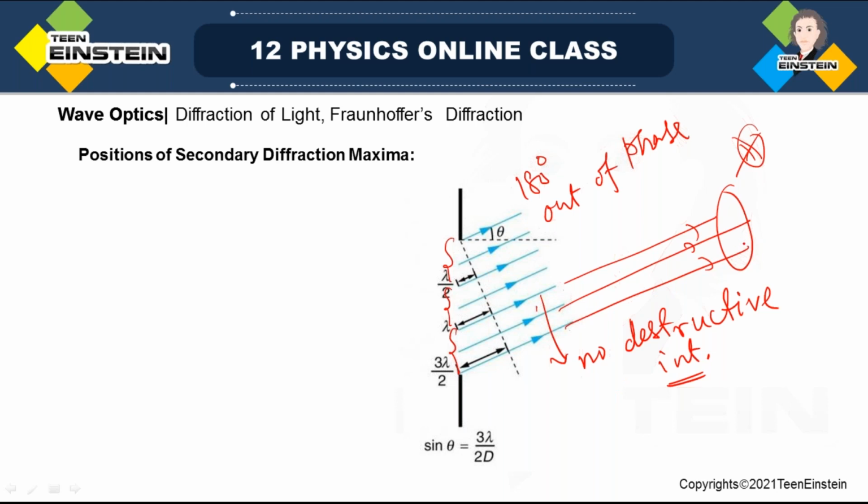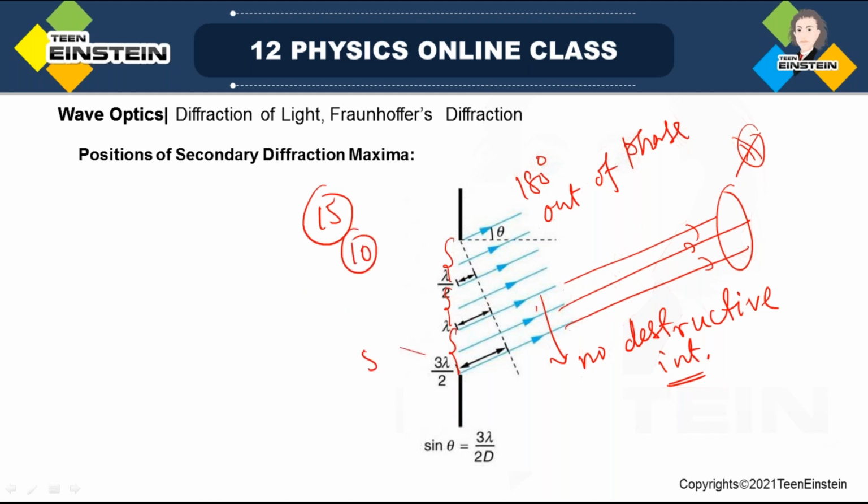This is how you will get brightness due to the third portion of the slits. That means, as I showed, if there are 15 sources, you get nothing from the first 10 sources.